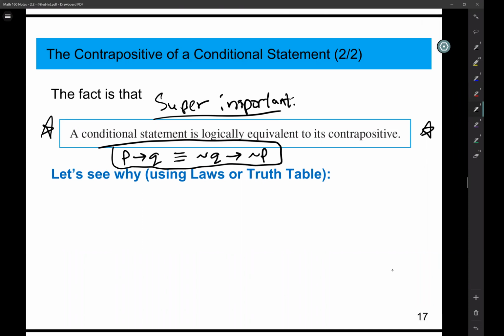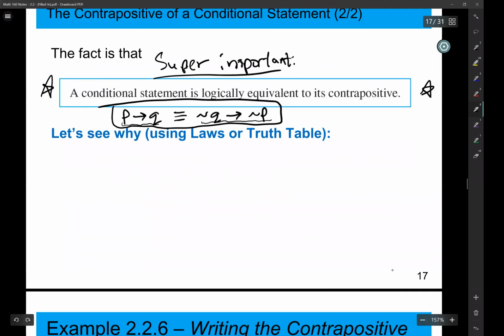This is so important because a lot of times when we're going to try to prove something like a conditional, P implies Q, it's almost impossible to prove the conditional one way, but we can be clever and say, well, let me prove the contrapositive. So if you can prove this on the right side, then you're good to go.